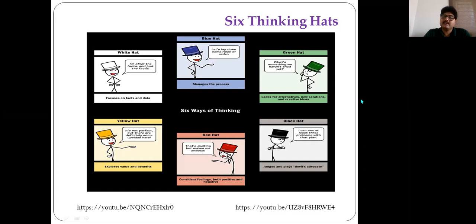That way, each individual is expected to react to each concept based on the situation by wearing the white, blue, green, yellow, red and black hats. This is how the six thinking hats help people analyze the concepts laid out by all the members.